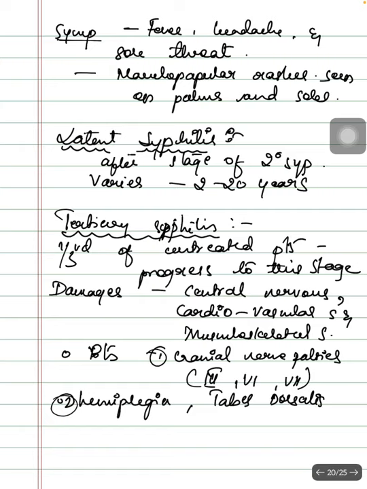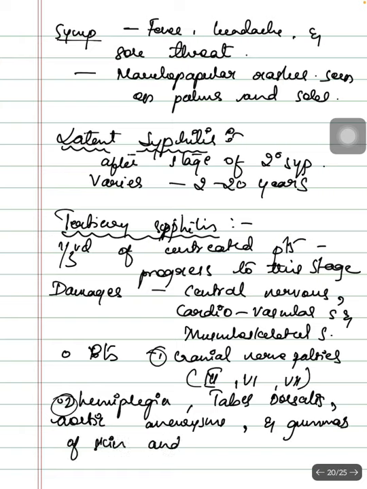Aortic aneurysm, and gummas of skin and bones. So these are the patients presenting with tertiary syphilis.